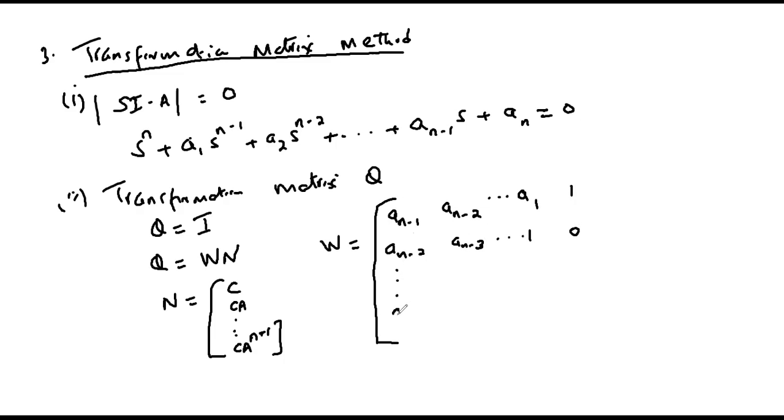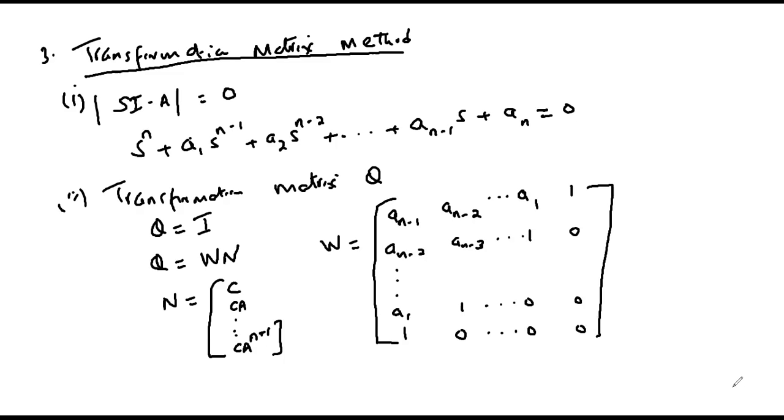Then we'll have a1, 1, 0, 0. This will give us 1, 0, 0, 0. Similar to that is the matrix W as discussed under the pole placement design. So that will be our matrix W, and the transformation matrix Q will be obtained by the product of W and N.